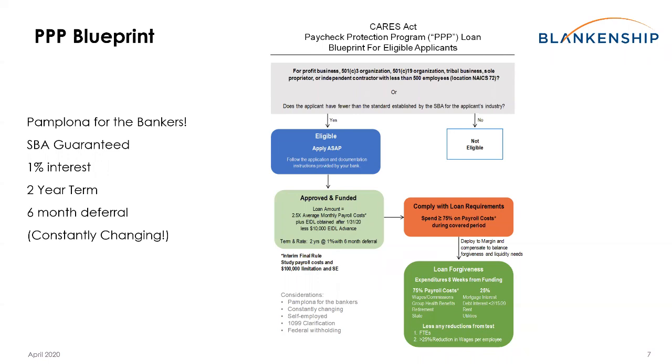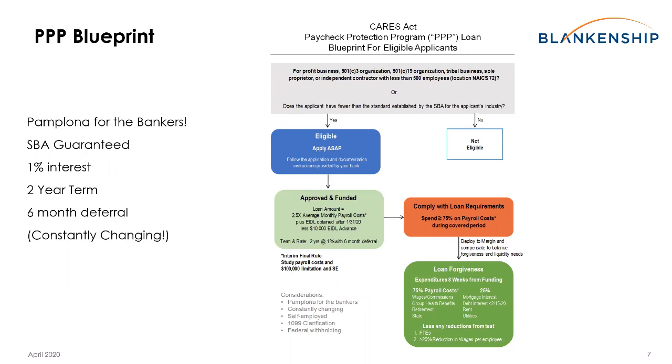The costs can be your payroll costs, mortgage interest, rent, and utilities. In this grouping, you cannot include interest on other debt. Also, your payroll costs must be 75% of your costs for forgiveness. Only 25% can be those non-payroll costs, mortgage interest, rent, and utilities.